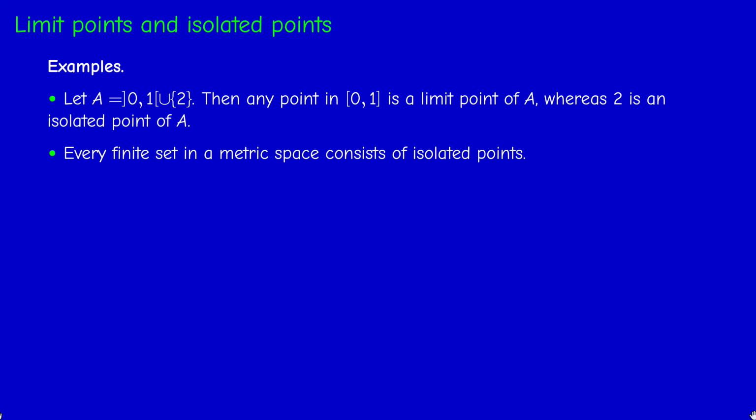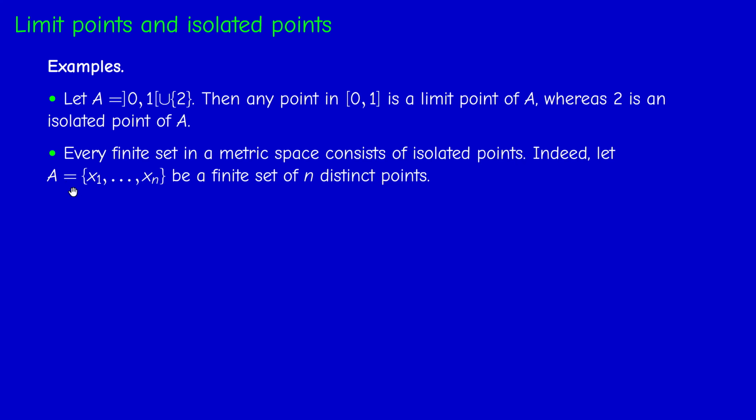Now, every finite set in a metric space consists of isolated points. This is very easy. Consider a finite set A consisting of distinct points, let's say x1, ..., xn. These points have distances between each other, and for each i take the smallest distance Ri from xi to the remaining points.